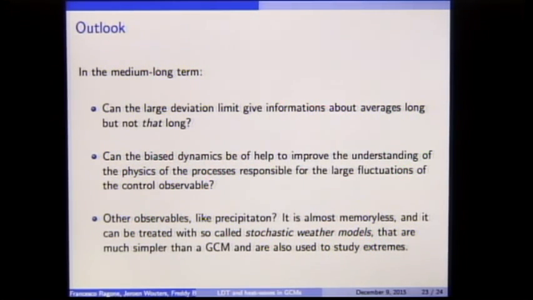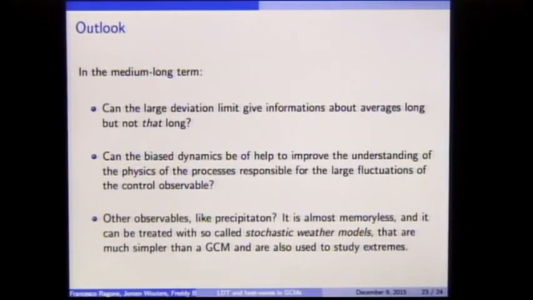Daily precipitation is basically decorrelated. And there is an interesting thing: the amount of precipitation is decorrelated, but if you make a synthetic time series of zeros and ones when it rains and when it does not rain, this has a very long autocorrelation time. So it's a bit of a strange observable, and it could be interesting to study it with this kind of algorithm in a different setup.